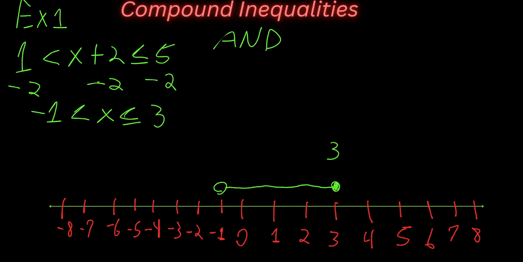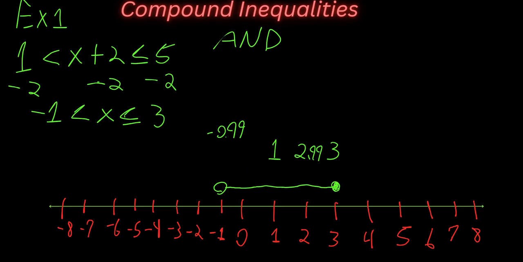Let's throw up some random points. 2.99 will satisfy it. 1 will satisfy this inequality. -0.5 will satisfy it. And 0.99, -0.99 will satisfy it. But -1 will not, because it must be greater than -1.